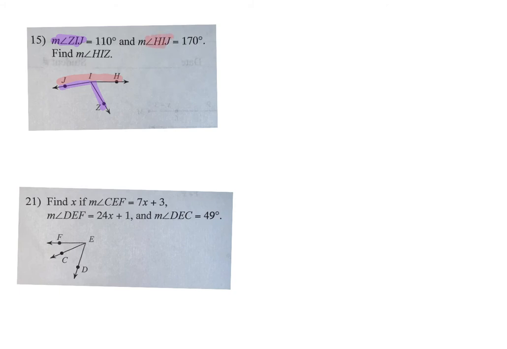And then HIZ, that's the smaller one, is what I'm looking for. The two smaller ones equal the larger. So that means that ZIJ, that's a smaller one, plus HIZ, which I do not know but am solving for, should equal the larger one, HIJ, which is 170.